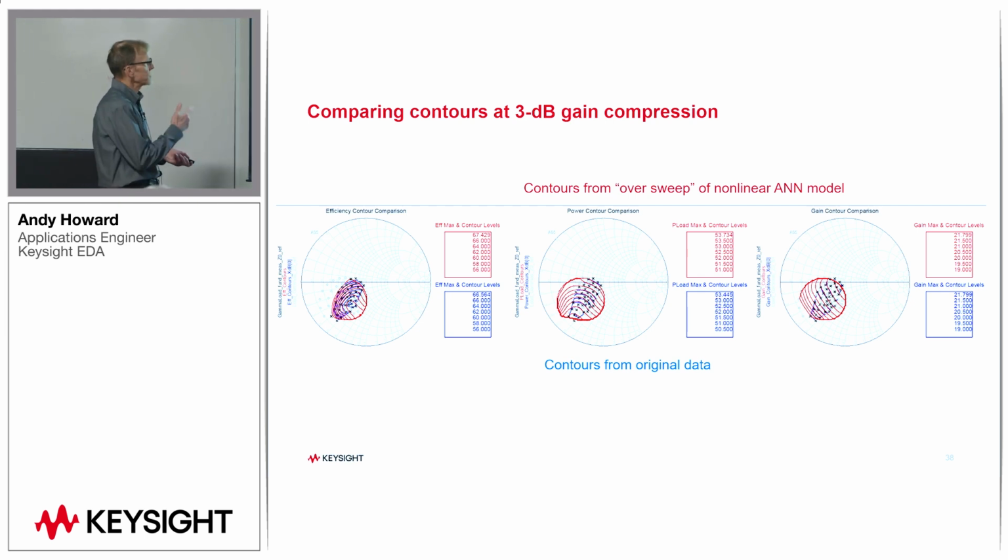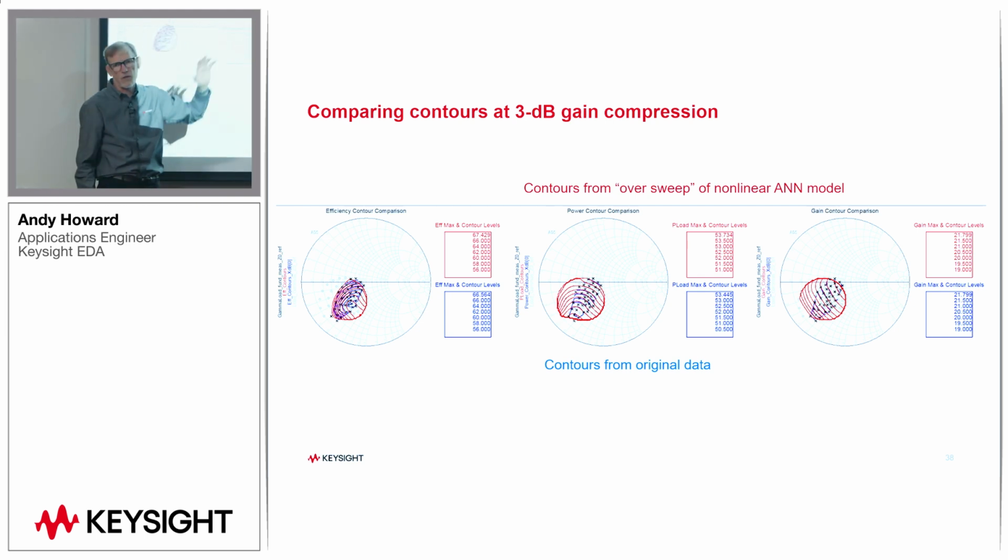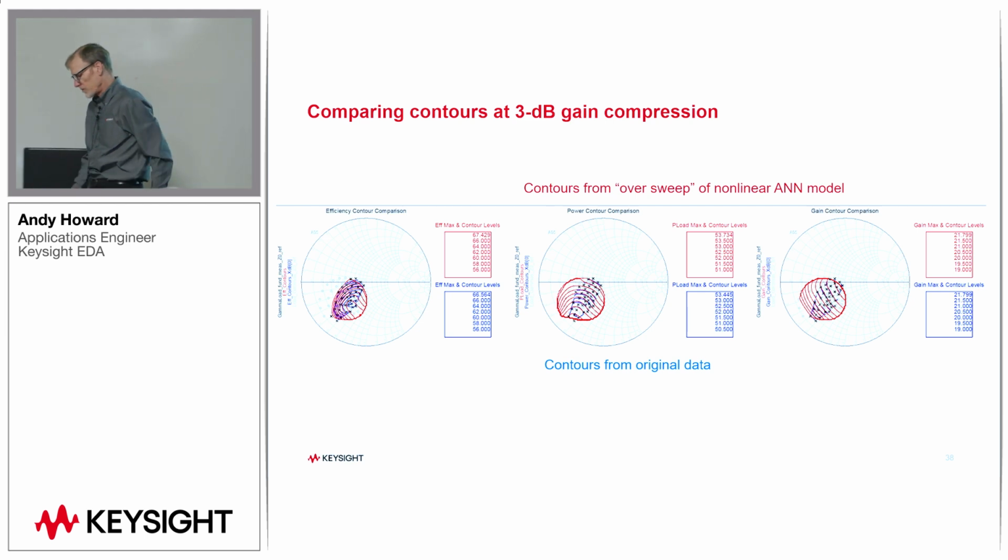That's one of the limitations of a model: if we use this model, what happens if it sees an impedance over here? Well, we don't have any measured data over there, so it's probably not going to give real accurate results if you present that impedance to it. But if you're close enough to the region of the measured data, then the ANN model still produces reasonable results.